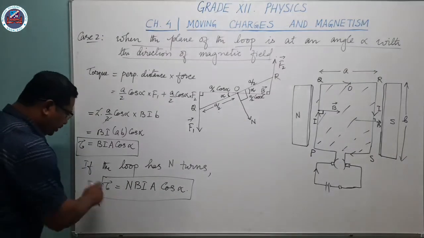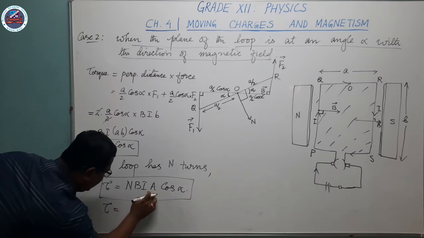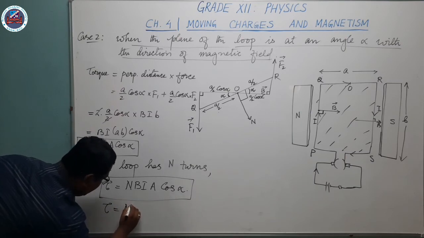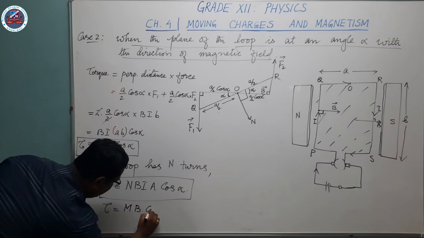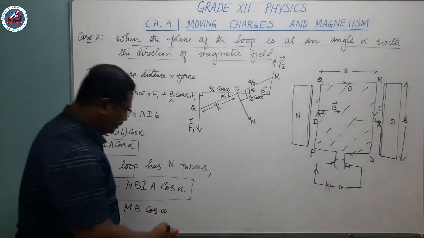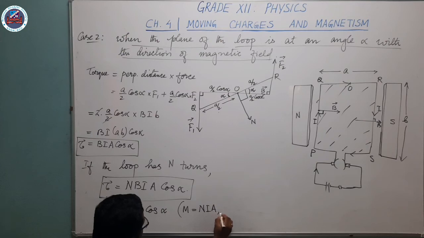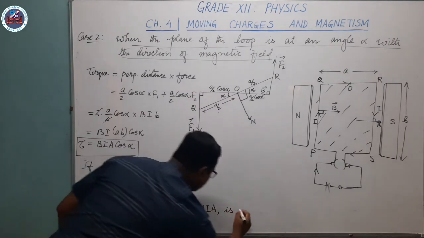This can also be written as tau is equal to NIA, which is also known as the magnetic dipole moment M, times B cos alpha. M is equal to NIA, called the magnetic dipole moment.